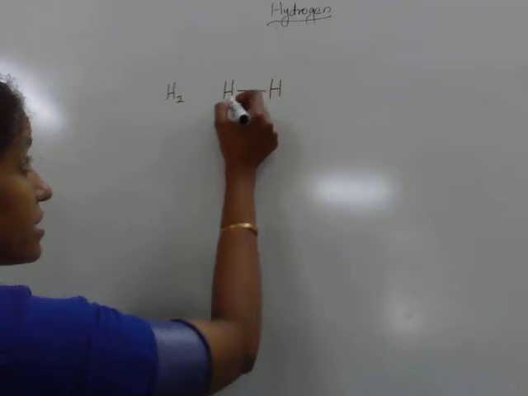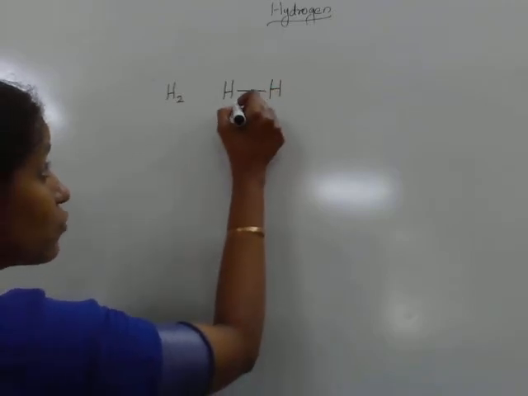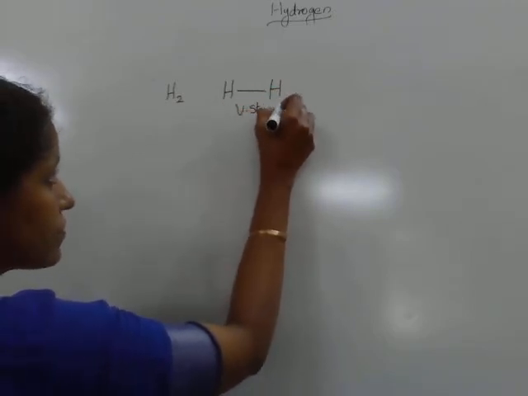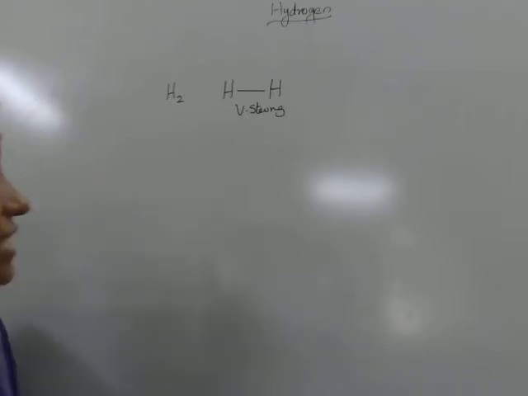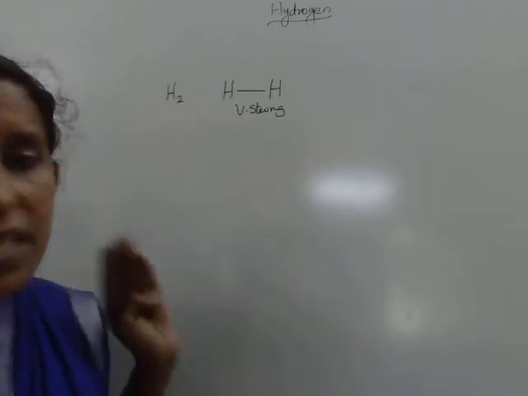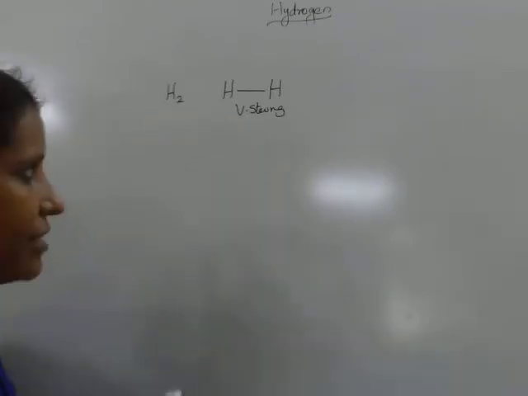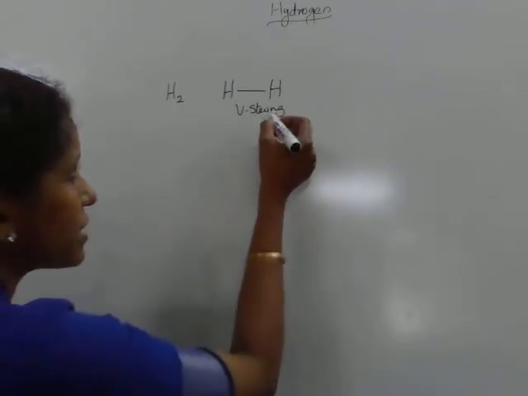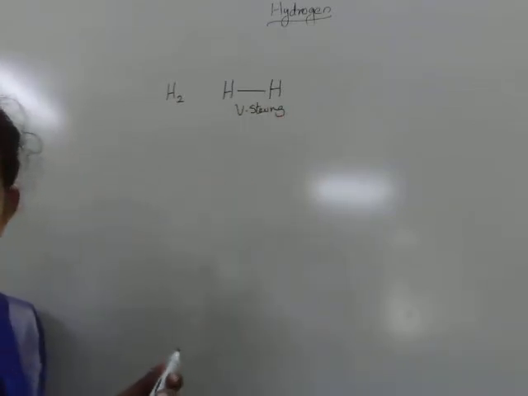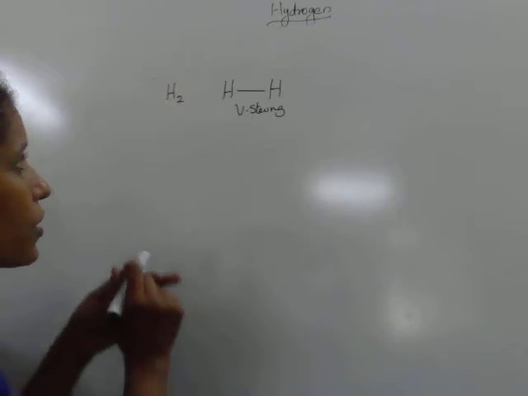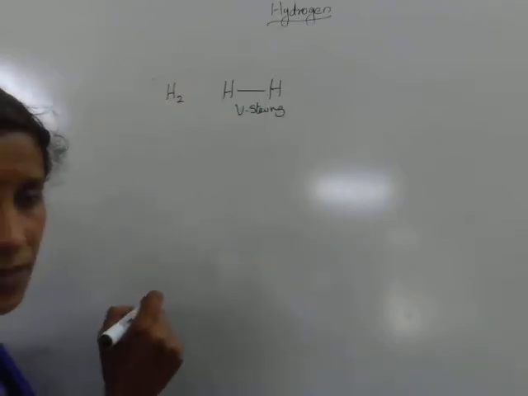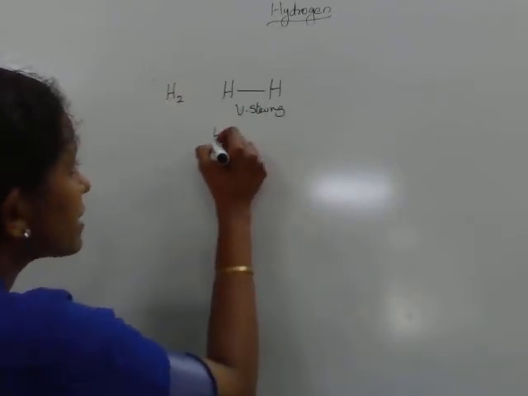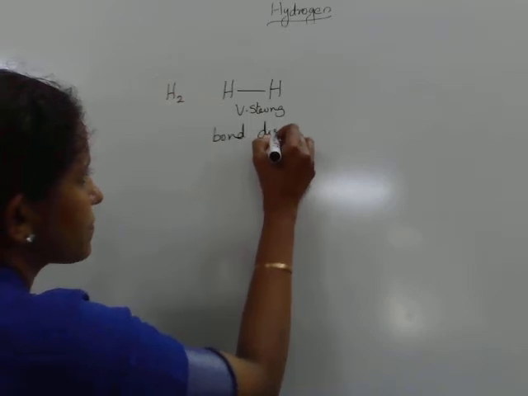That means this H-H single bond is very strong, so the energy needed to break it is very high. What do we call that amount of energy? The amount of energy needed to break a bond of a particular type is called bond dissociation enthalpy.